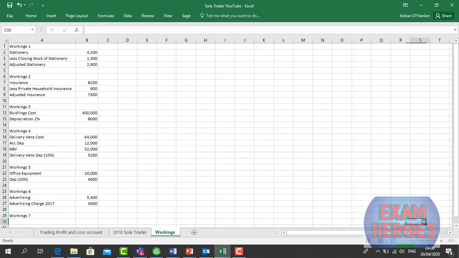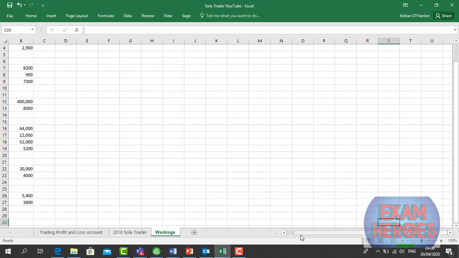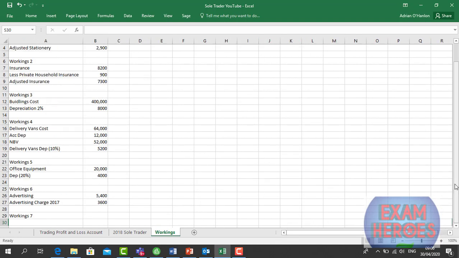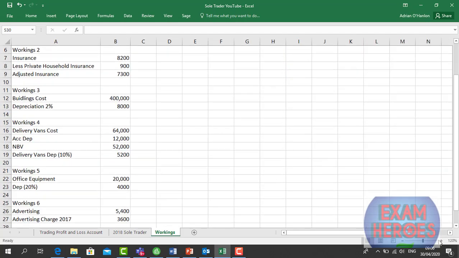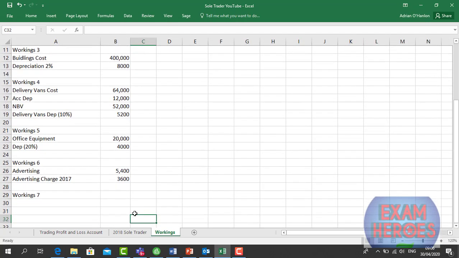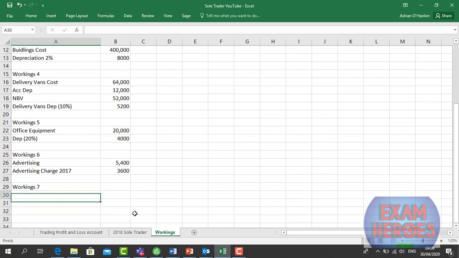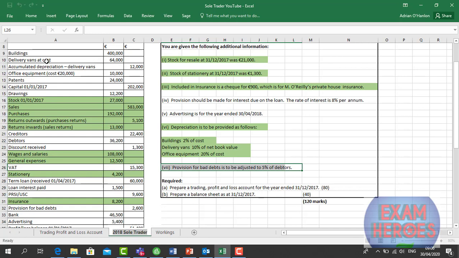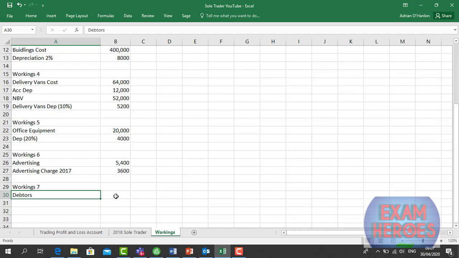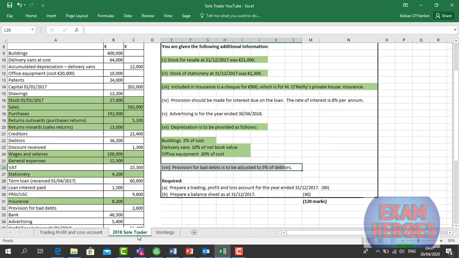Okay, I'll just zoom in there a bit, just to make it easier to see. Okay, so the bad debts as it stands, sorry, my mistake there, debtors are 36,200. Now if we look at the additional information, it says they wanted to adjust it to 5% of the debtors.